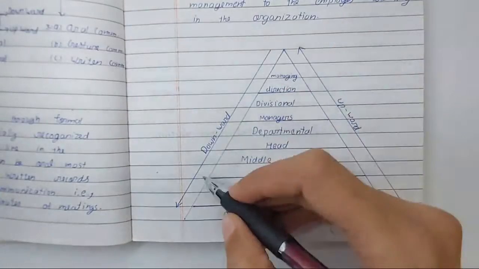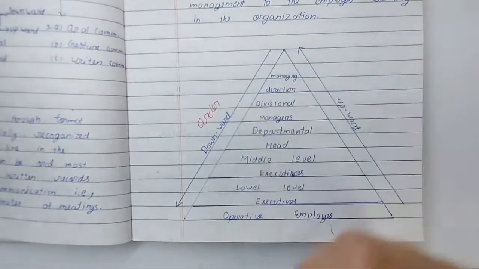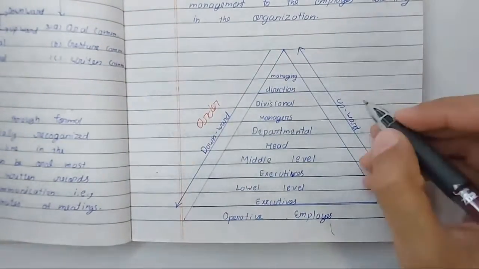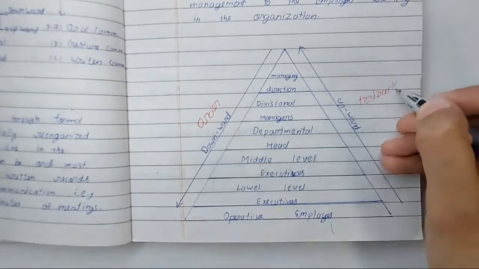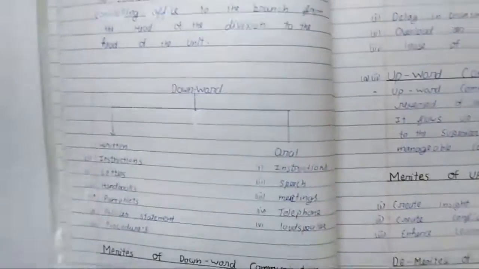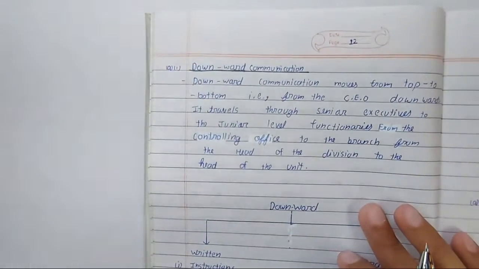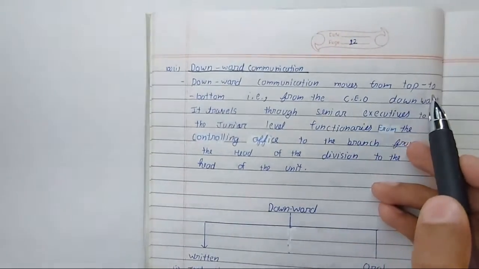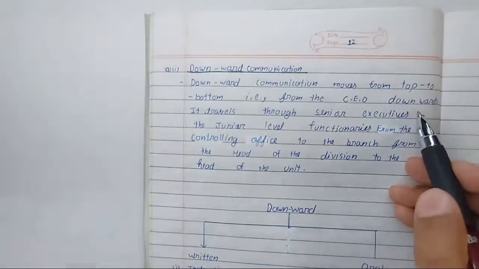In downward communication, orders, and it may be messages and feedback. Downward communication moves from top to bottom, that is, from the CEO downwards.